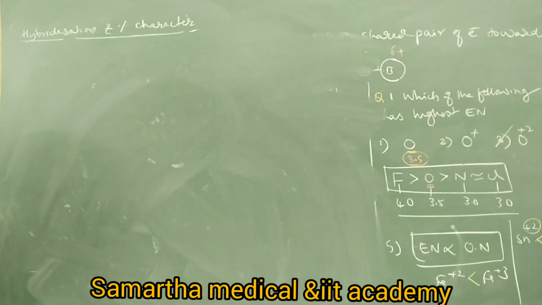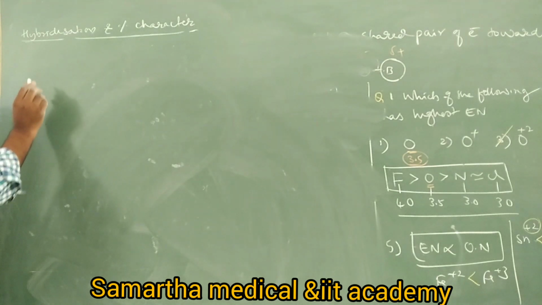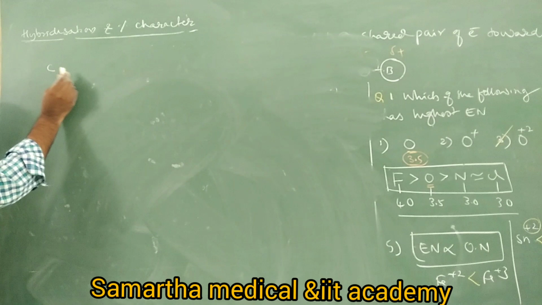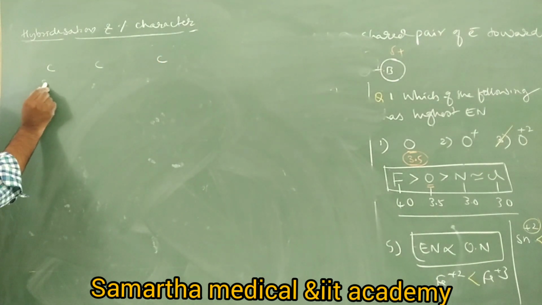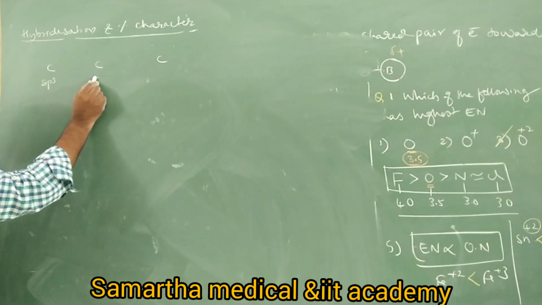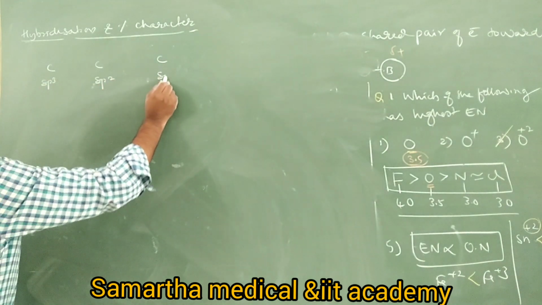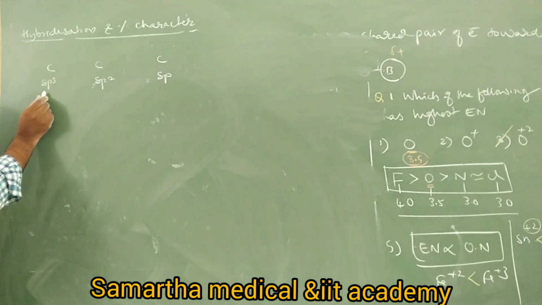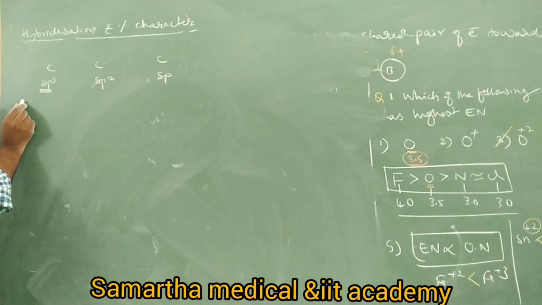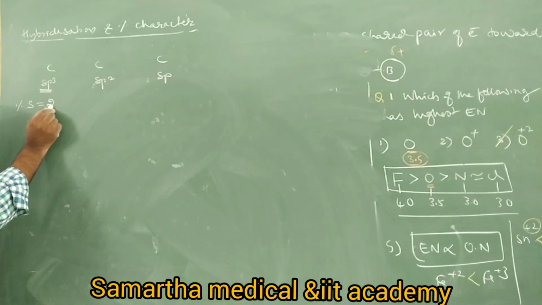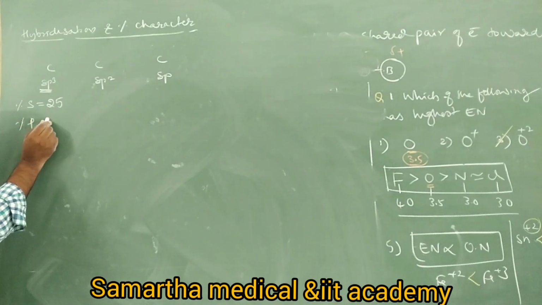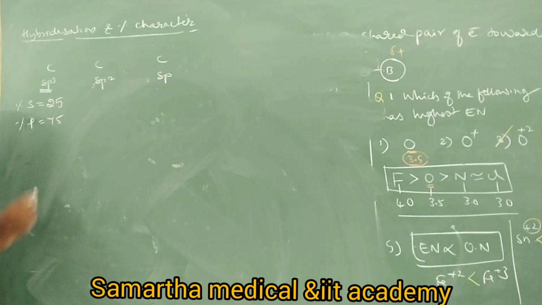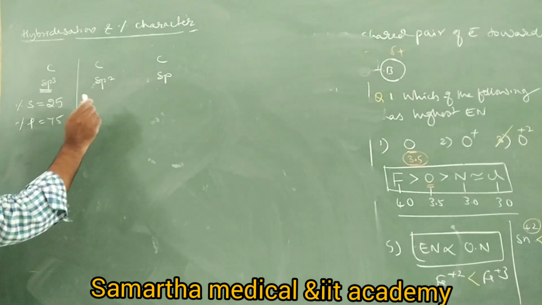If the S character increases... let us take carbon: sp3 carbon, sp2 carbon, sp carbon. What is the percentage of S character in sp3? It is 25% S character and 75% P character.